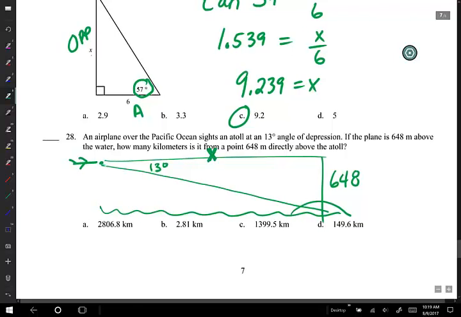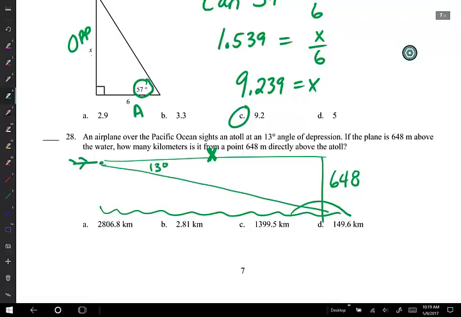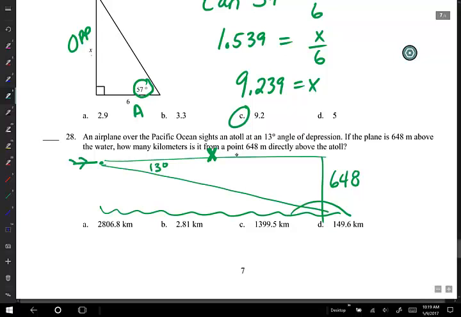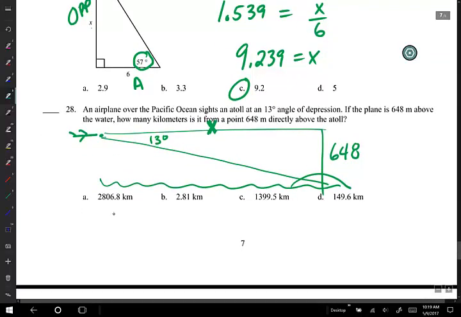What word is x? Is it adjacent, or is it opposite, or is it hypotenuse? It's the distance that he's flying, right? He's not flying down to the island. He's just flying over the island. And so that is adjacent. So we have adjacent and opposite.